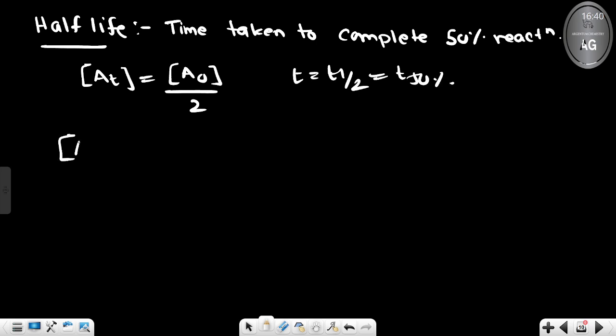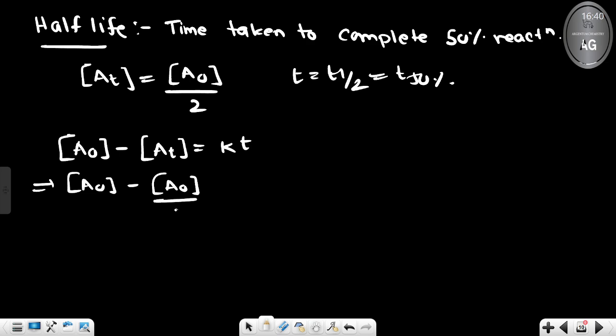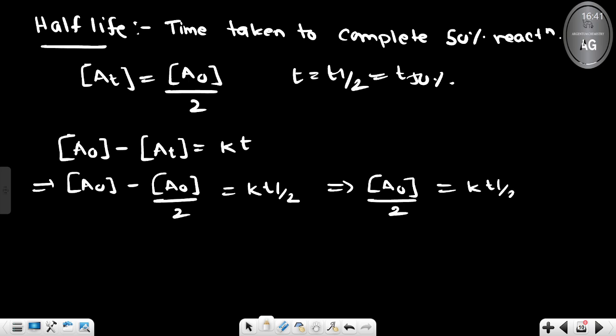So in the previous equation, we have A0 minus At equal to kt. Can I write it as A0 minus A0 by 2 equal to kt? So from here I can write A0 by 2 equal to k t half.